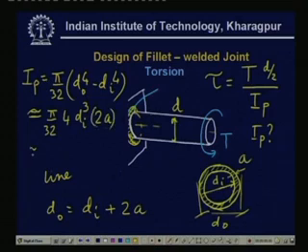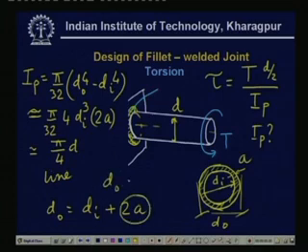So, that is approximately equal to pi by 4 d cubed times a, where d is almost equal to di and do, called the average diameter. So, this is now the polar moment for this thin strip.